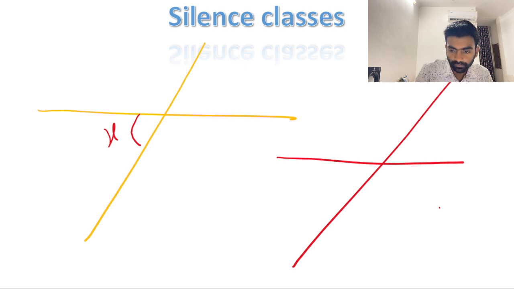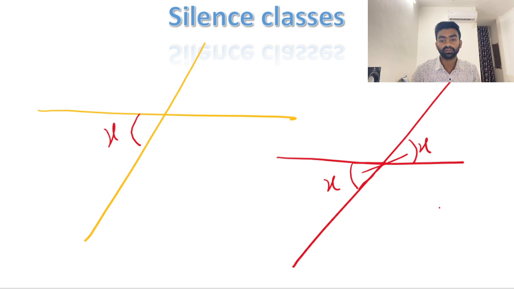So if I draw angle X over here, and the angle which is exactly in front of it, we can draw it like this, this angle is equal to X. It is known as vertically opposite angle, just standing in front of it.